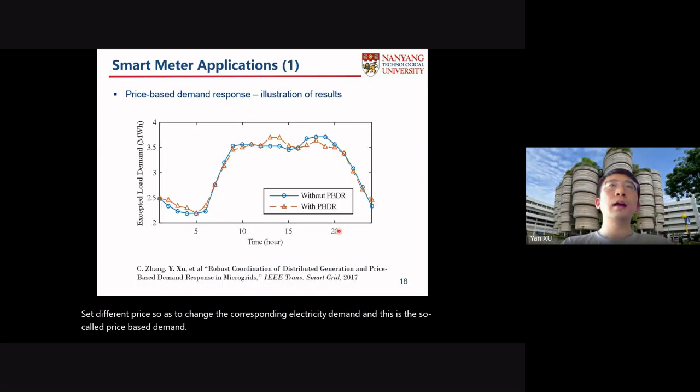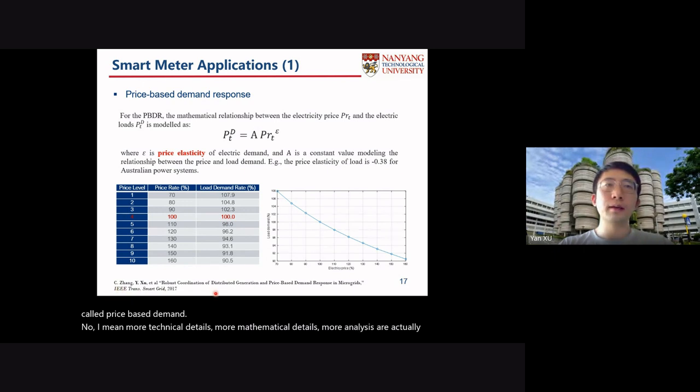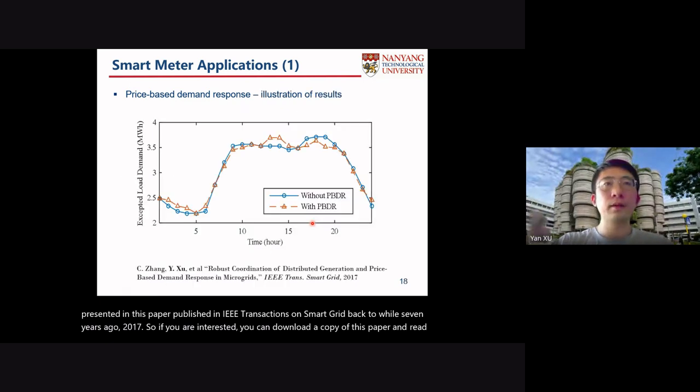Now, more technical details, more mathematical details, and more analysis are actually presented in a paper published in IEEE Transactions on Smart Grid, 7 years ago, in 2017. If you are interested, you can download a copy of this paper and read more details in it.